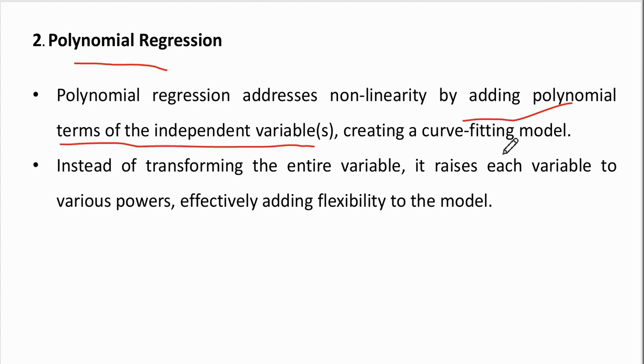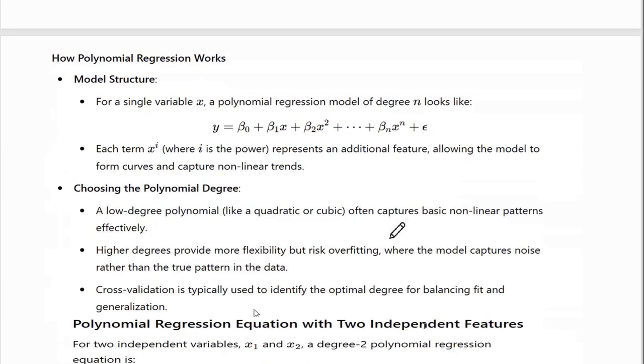That means we have a polynomial degree, maybe degree 2, degree 3 or degree 4. From that we get the polynomial model for the given data set. In the later slides we will understand this clearly.